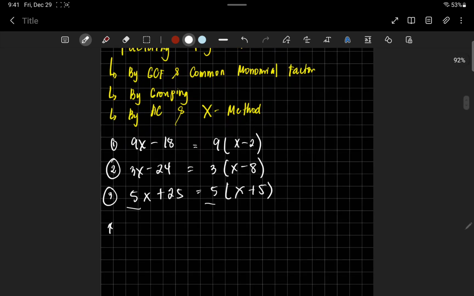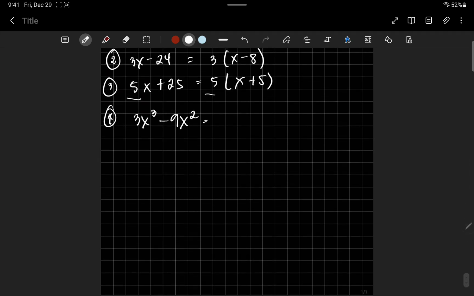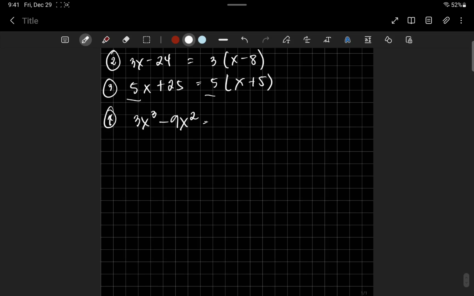Okay, so another one, if we have 3x cubed minus 9x squared. So how do we factor this one? Let me give you first an example. How do we get the factor when it has more than one exponent?